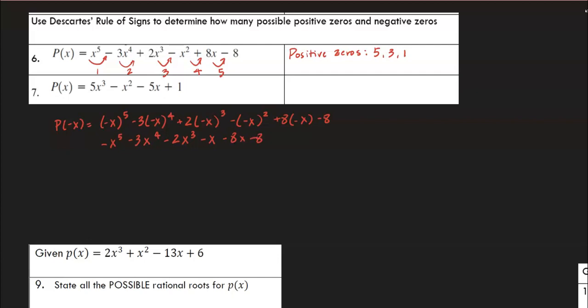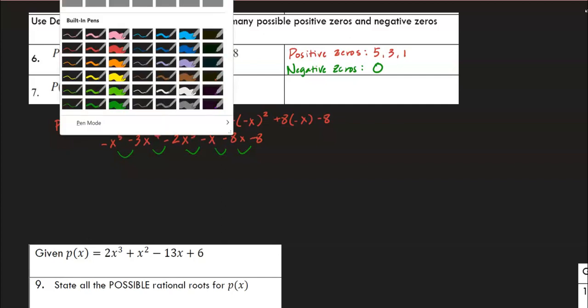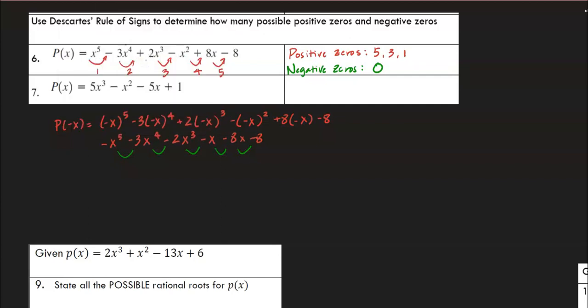And if we look for the sign changes, no sign changes here, no sign changes here, no sign changes here, no sign changes here, and no sign changes here. So for the negative zeros, you're going to have a possibility of 0. Okay? Good job. Next one.